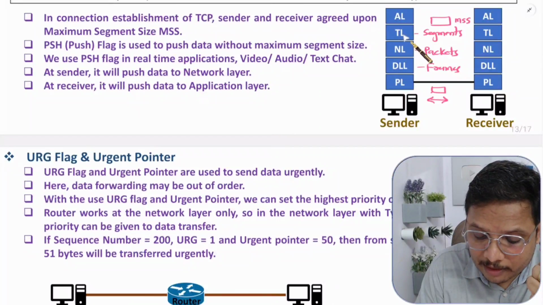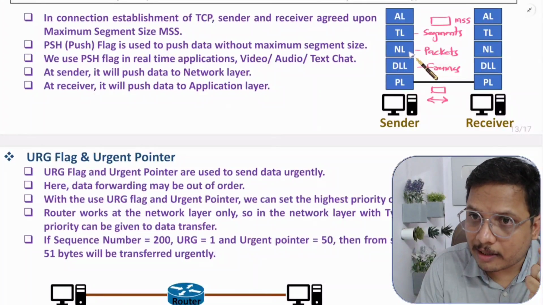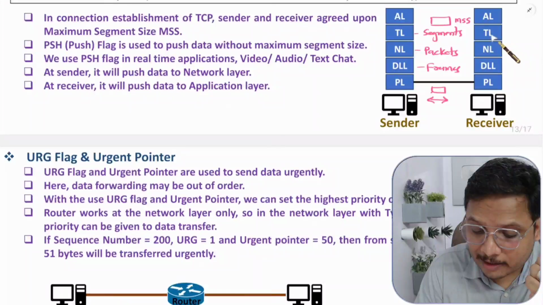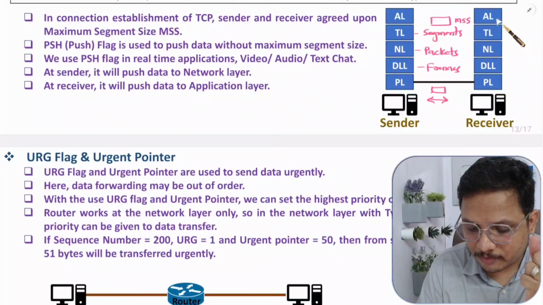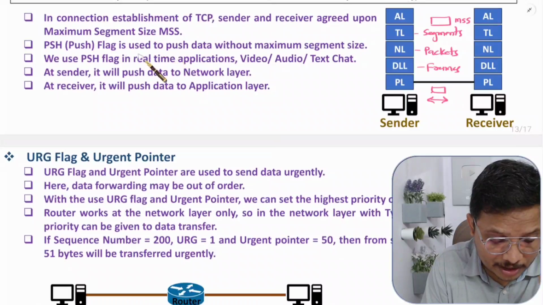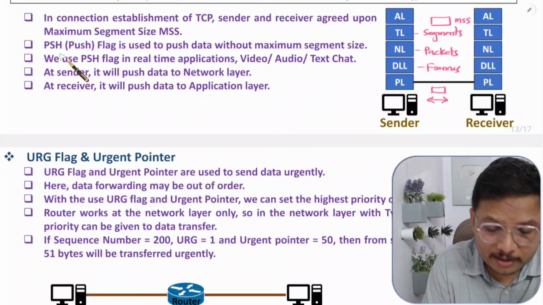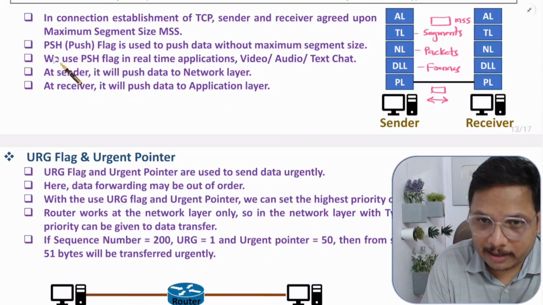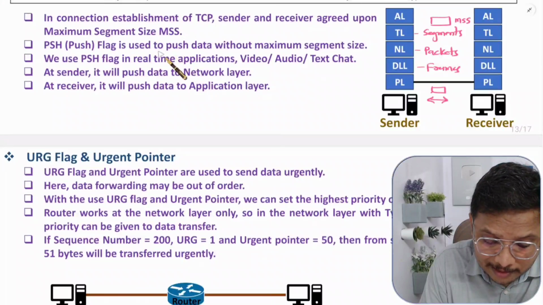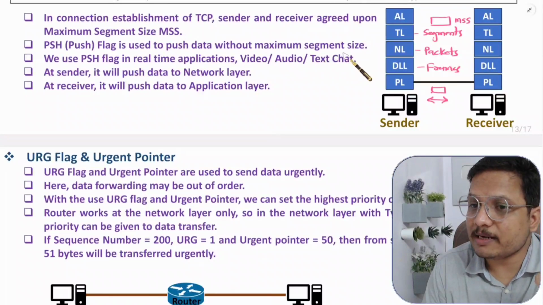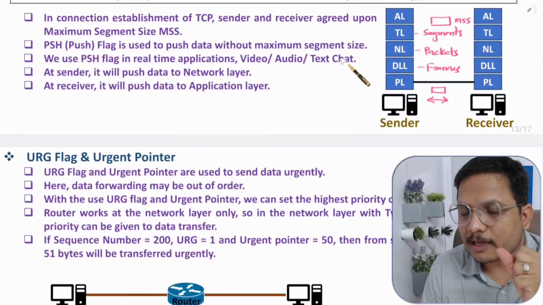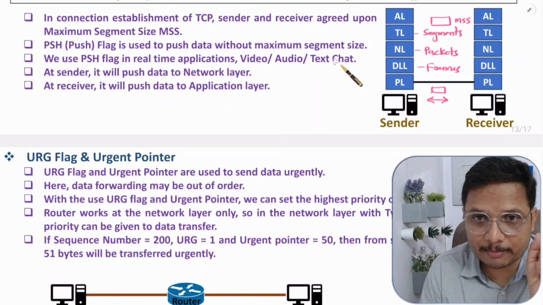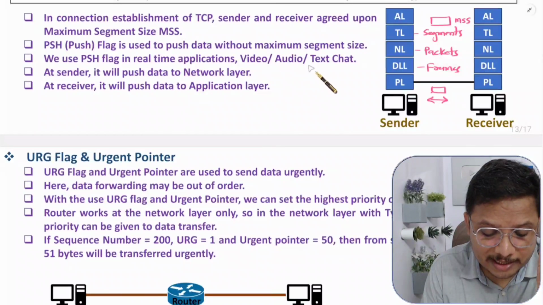So transport layer will push segment to network layer, and at receiver transport layer will push data to application layer, right.